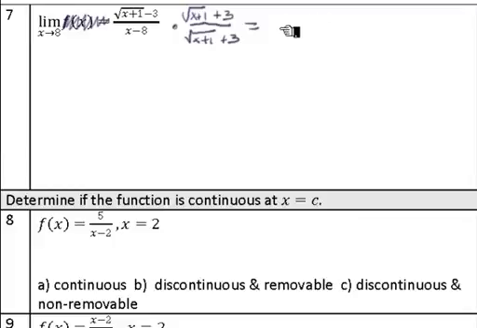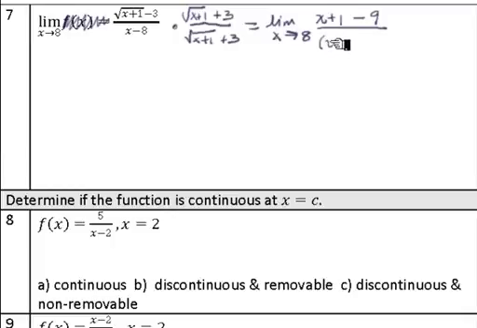Okay, let me write limit x goes to 8. Okay, let's multiply the numerator. We're going to FOIL this out. First times first is x plus 1. Because we're multiplying conjugates, the outer and inner terms have opposite signs, and they drop out. Last times last is minus 9. And in the denominator, recall that we want to cancel the x minus 8, so don't multiply through.